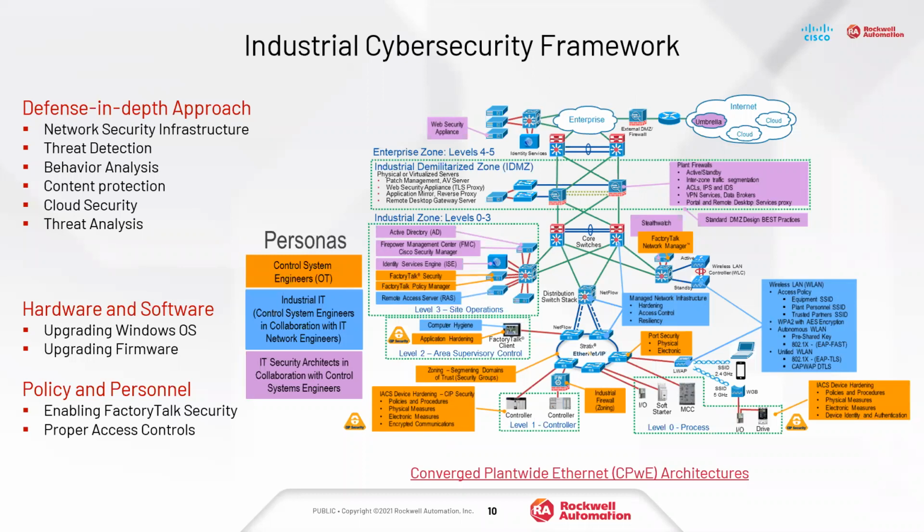So what we like to do is perform high-level risk assessments. Essentially what we're trying to do is fix the worst first. So when we look at this from a hardware and software point of view, similar to the chart that I showed you earlier, we would want to upgrade or look at patching your Windows environment. Sometimes this might be as easy as just implementing a brand new virtual image template.